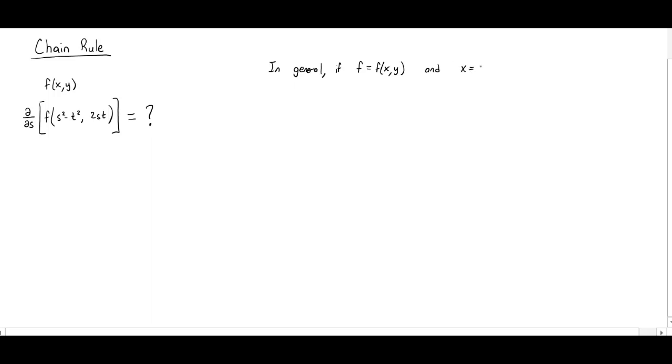So let's say I replace x with a function of s and t, as I started to do in this example here. And let's say y is also some function of s and t. So we want to know how to compute the partial derivatives of f with respect to s, and then also with respect to t.